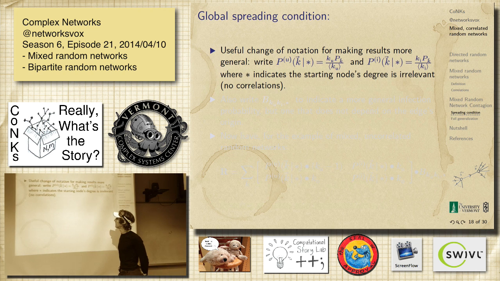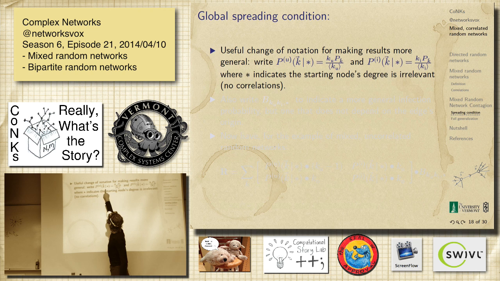All right, it's good. Okay, so let's get to correlated networks. Yeah, so it's going to get more complicated. Okay. So we're going to introduce a little bit of notation here, so we can create a series of statements that are all comparable. So this is the probability that you end up at a degree k node starting from anywhere.